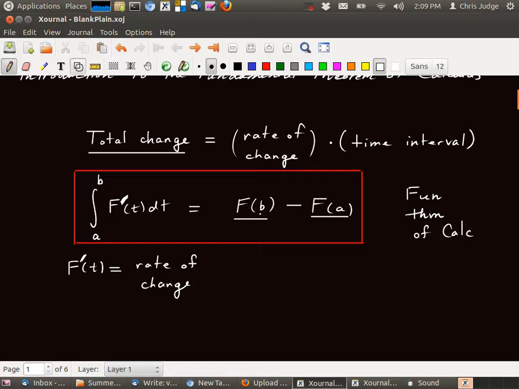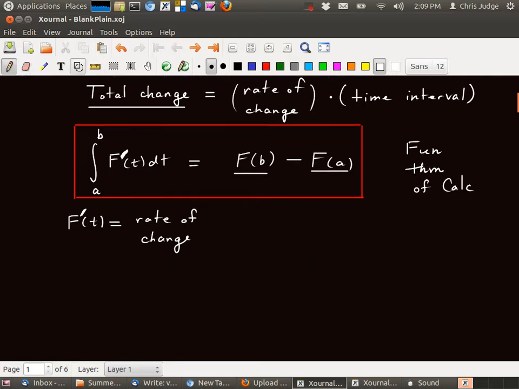The use of this comes in trying to either figure out the left-hand side or figure out one of these, f of b or f of a, given one of the others plus information about the definite integral.